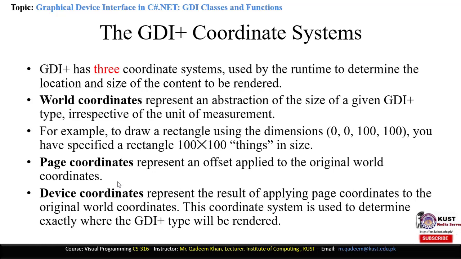This coordinate system is used to determine exactly where the GDI plus object will be rendered here. So device coordinates mean that, for example, if here we provide other point values, then the device coordinates will print that particular object at that particular position, and also with the help of this size, that is 100, 100.